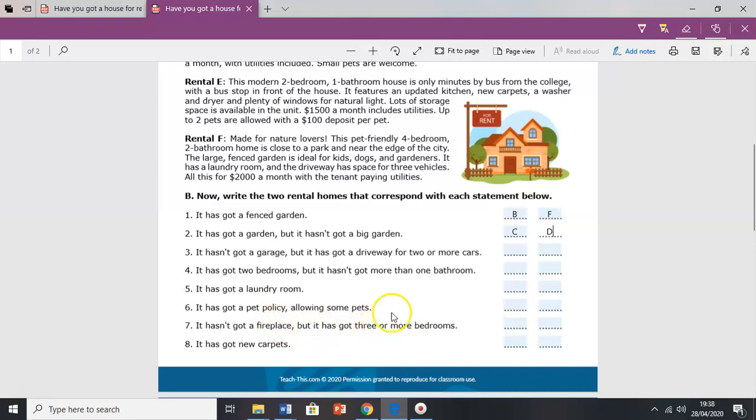So 3 or more bedrooms, could be 3 of course, or 4 or 5 bedrooms. And finally, number 8, it's got new carpets. So they might have a word like newly renovated or refurbished, or rugs. Another word for carpets could be rugs.